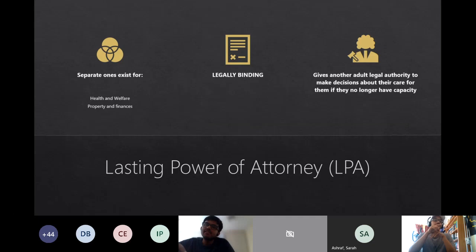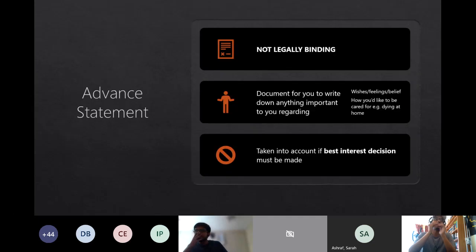What happens if you make an ADRT to refuse something, and then when that is offered to you, you accept? You make an advanced decision to refuse something, and then later on in your pathway, that thing is offered, and you accept it.